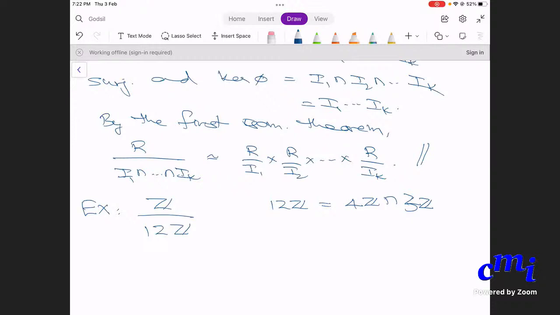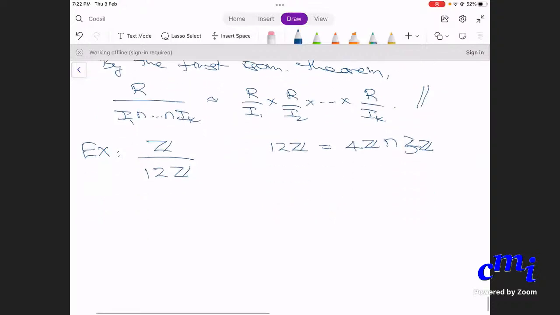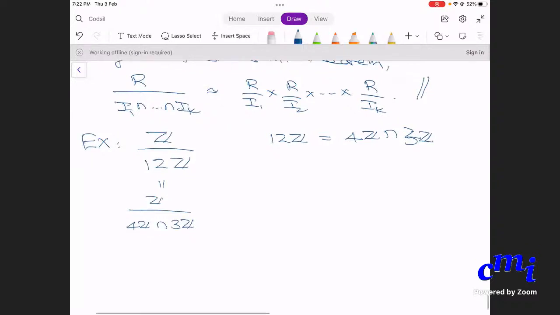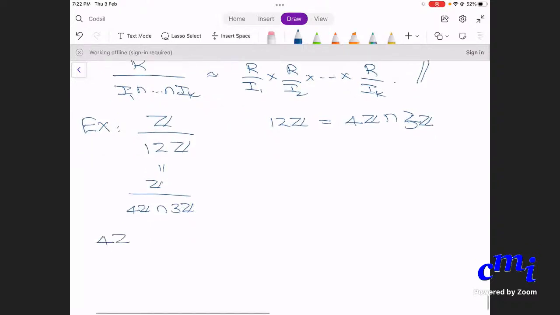If a number is a multiple of 4 and a multiple of 3, it's a multiple of 12, and only then. So 12Z is the intersection of these two. So Z mod 12Z is Z mod the intersection of 4Z and 3Z. And note that the ideals 4Z and 3Z are co-maximal. So 4Z plus 3Z is the whole of Z.